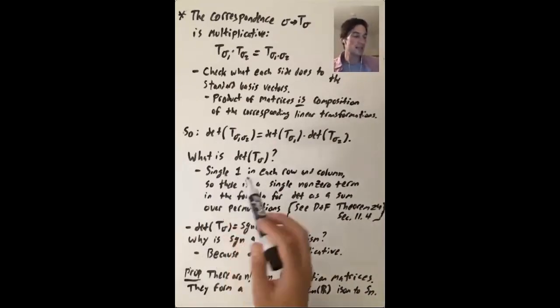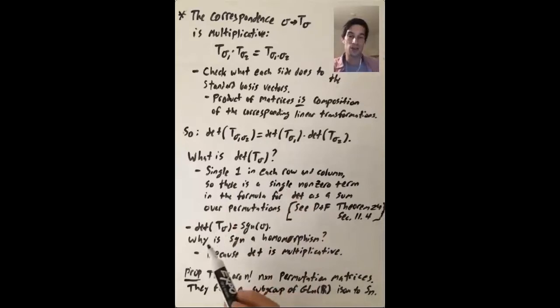But because these matrices have a single one in each row and each column, when you take the formula for the determinant as a sum over permutations, there's a single non-zero term. If you haven't seen this formula, it's in Dummit and Foote as Theorem 24 in section 11.4. But you can also just forget about this for now, and we'll come back to this kind of thing when we talk much more about linear algebra next quarter.